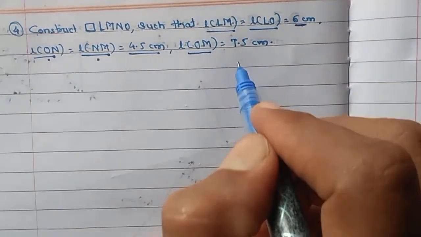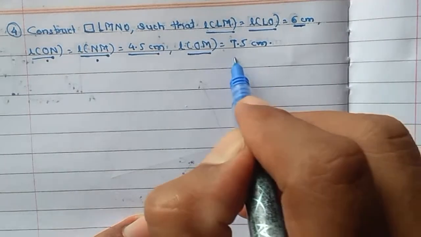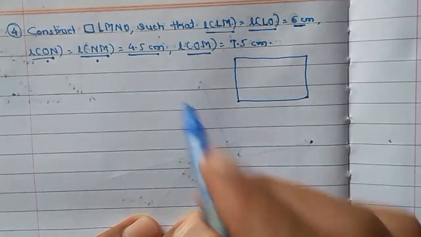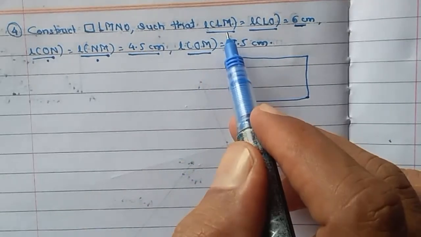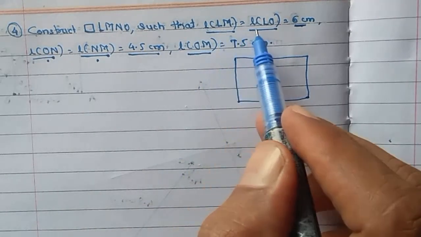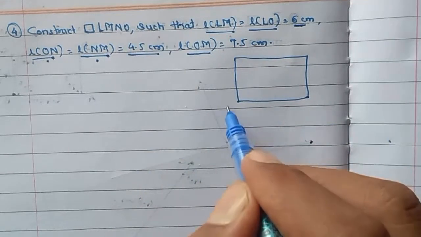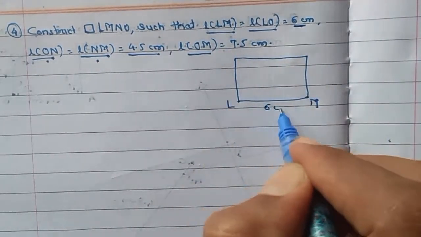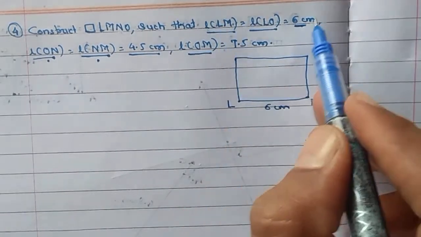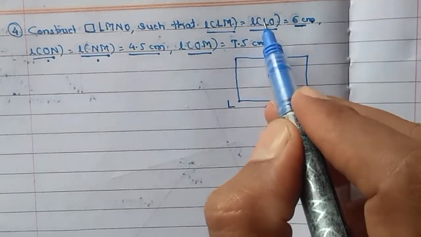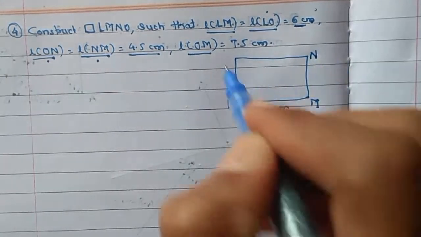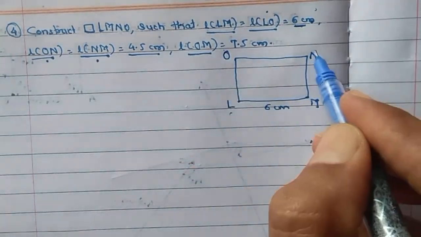Let us draw the rough diagram. What is the name of the quadrilateral? LMNO. Okay, before deciding the base, first see whether the length of that side is given or not. LM, length is given, so no harm is there. So we can fix it. So length of LM is equal to 6 centimeter. Let us first fix these vertices, LMNO.